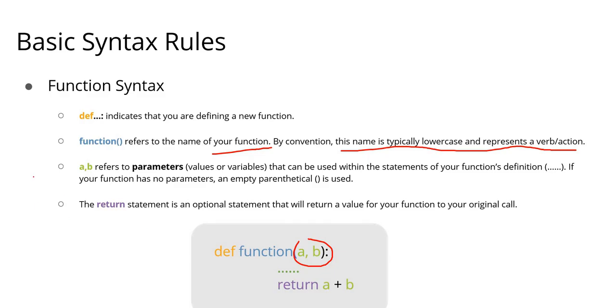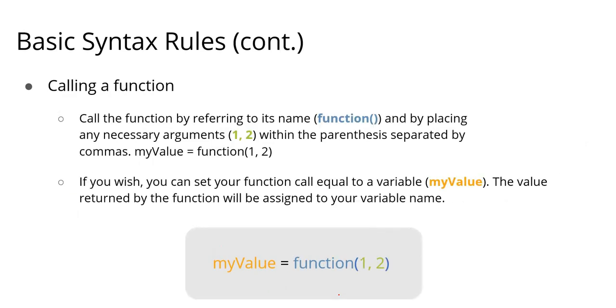If your function has no parameters, then empty parentheses are used. And the last line, the return statement, is an optional statement that will return a value for your function to your original call. So you can note it down: def function(a, b): and then return a plus b. This is the actual function syntax of Python.